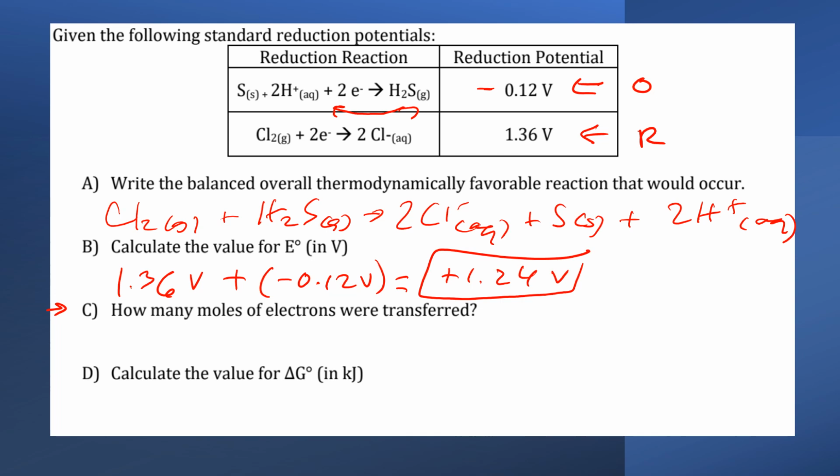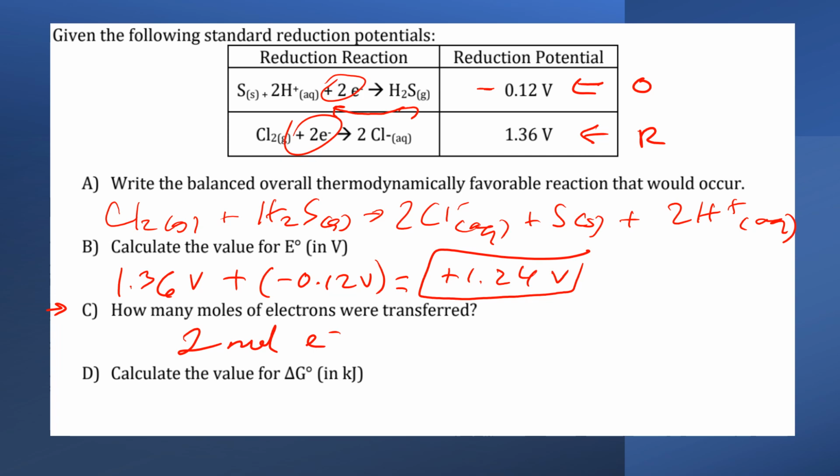How many moles of electrons are transferred? It's 2 moles of electrons. It's best that you put units with everything. If it's a number with a unit, like how many moles of electrons, write 2 moles of electrons for your answer. Just be thorough. Calculate the value for delta G0 in kilojoules.